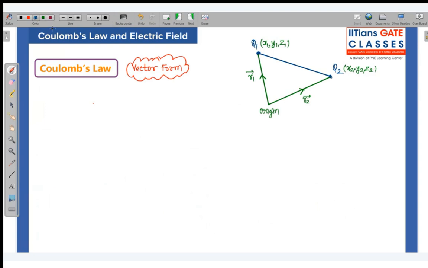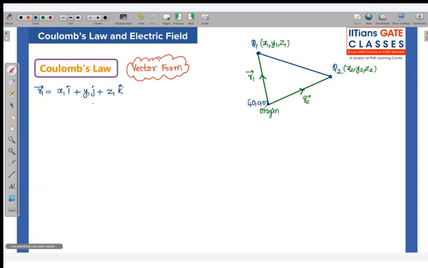Now, if I say the position vector, that means the vector r1. The value of vector r1 is nothing but x1 i cap, y1 j cap and z1 k cap, because x1 minus 0, the origin being 0, 0, 0. So basically, we are calculating the distance from origin.